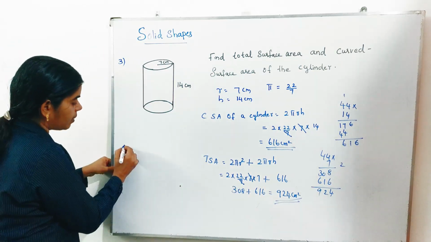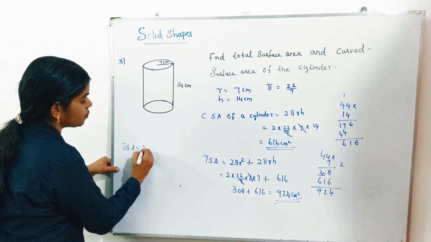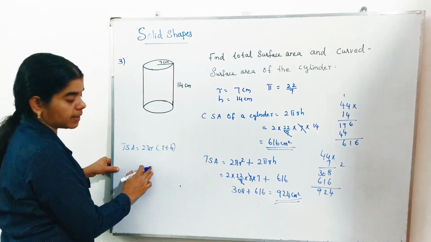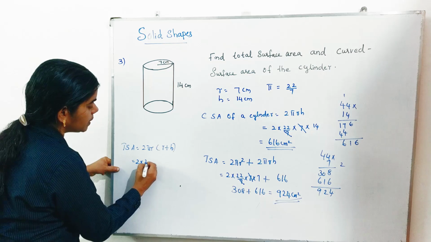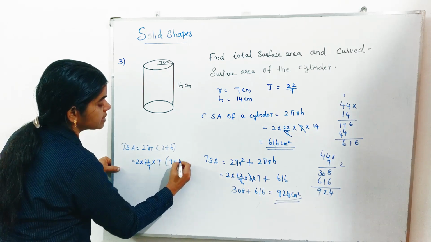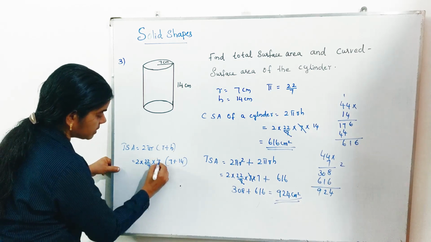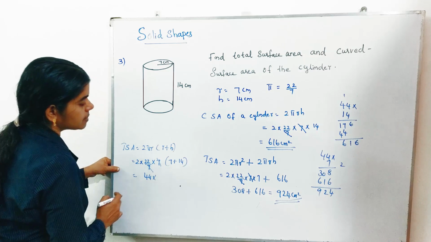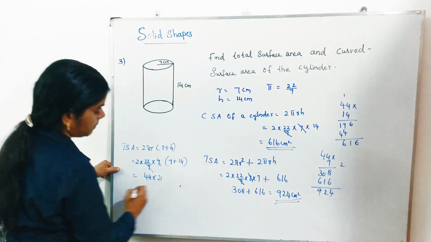We already found that TSA is 2 pi r into (r plus h). This way also you can find out. Then 2 into 22 by 7 into 7 plus 14. This 7 and 7 we can cut. 2 into 22, 44 into 21.